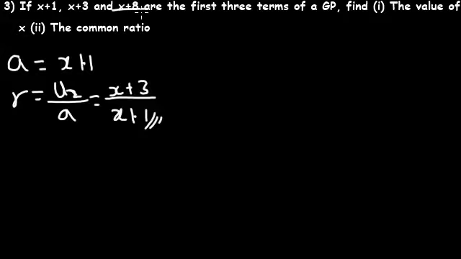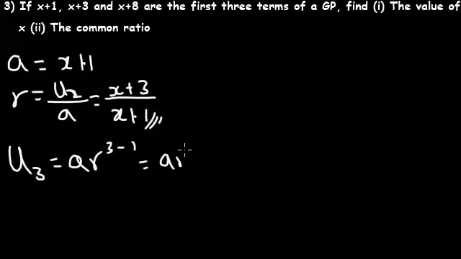Now, the third term, which is given as x plus 8. To find it, if it was not given, what we would do is u of 3 equals a r to the power of 3 minus 1, which is a r squared. However, it was given to be x plus 8. So instead of u of 3, let's replace with x plus 8.